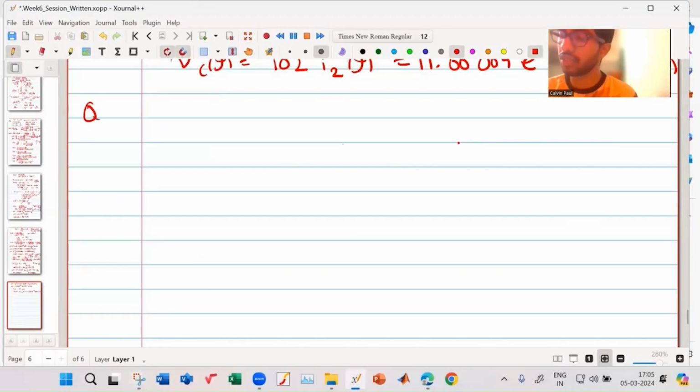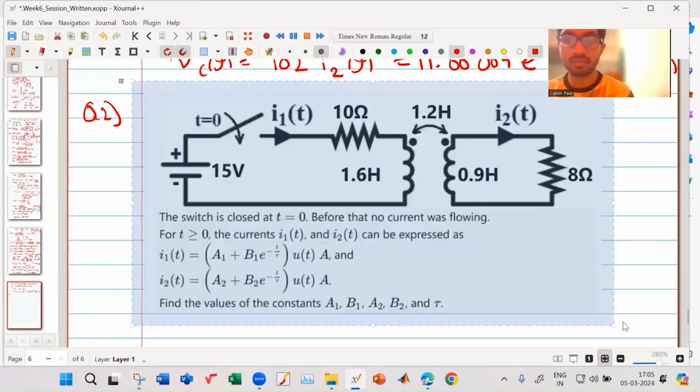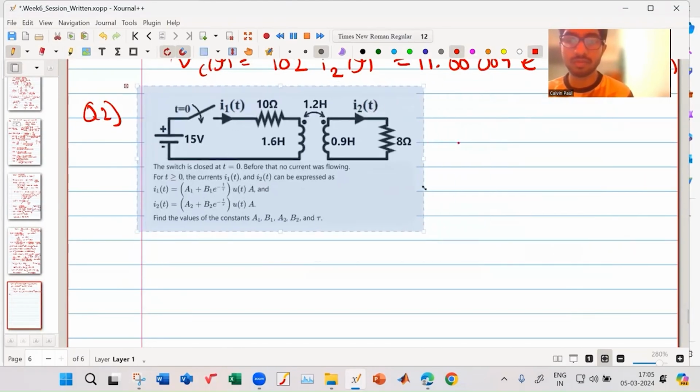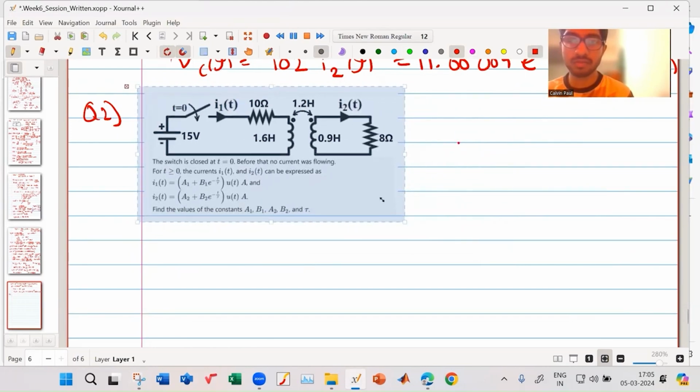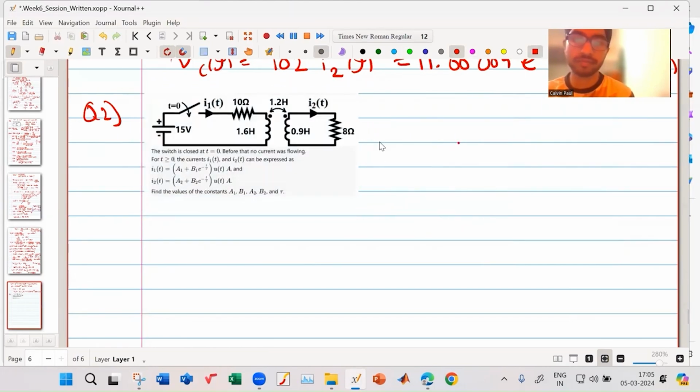So this is question 2. So this is my circuit. Can anyone tell what this 1.2H represents?